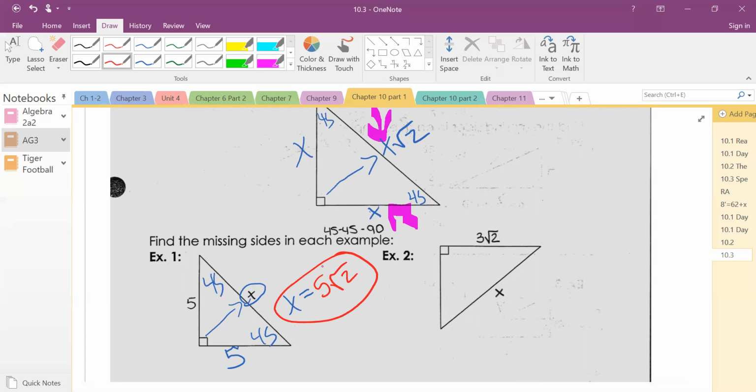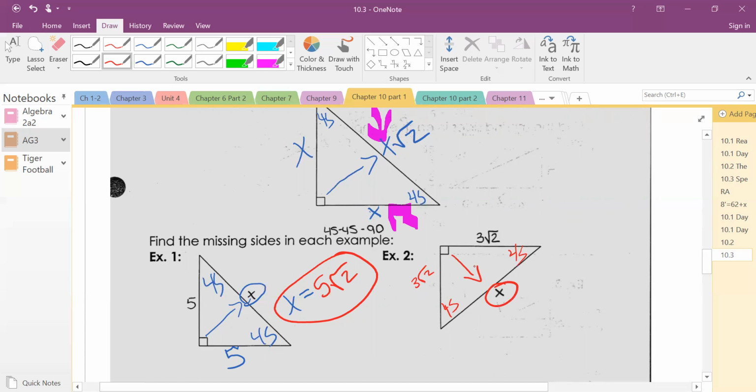Next one. A little bit harder. Not really. Very, very easy. If we have one leg as 3√2 for the length, what is this leg going to be? Well, it's going to be 3√2. Once again, because it's a 45, 45, 90 isosceles triangle, the legs are the same. This one's a little bit harder. We're trying to figure out the hypotenuse again.